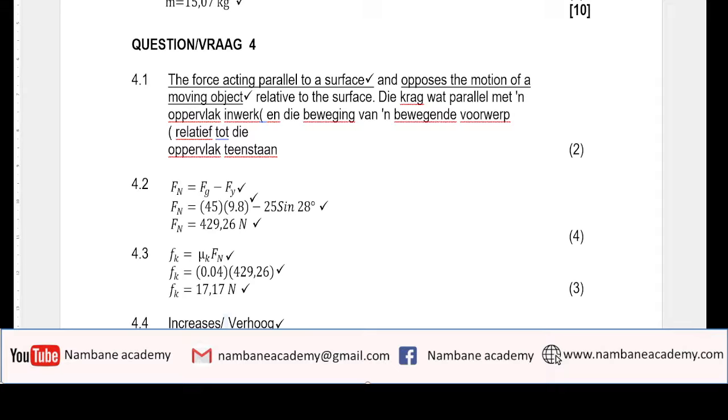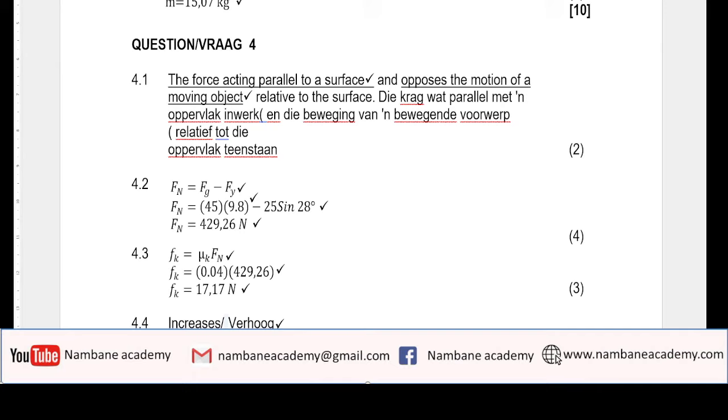There is part marking for the first part, the force acting parallel to a surface, and the second part, opposes the motion of a moving object. 4.2. Calculate the normal force experienced by the girl. Fn equals Fg minus Fy. 1 mark over there.